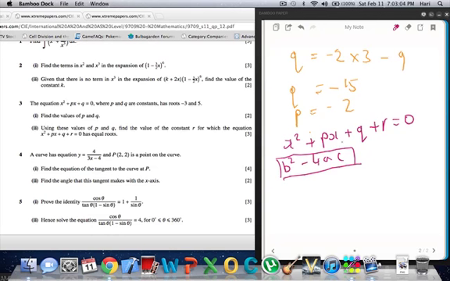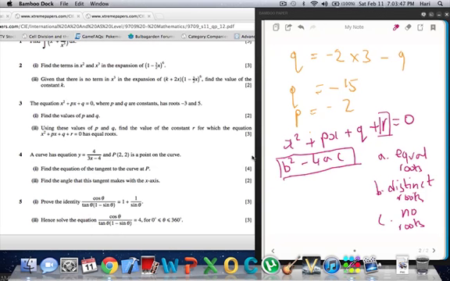If they ask a problem with a quadratic that has a constant in it, in this case it would be r, and they ask for the value of that constant when the quadratic A has equal roots, B has two distinct roots, and C no roots, you can use this discriminant b squared minus 4ac.